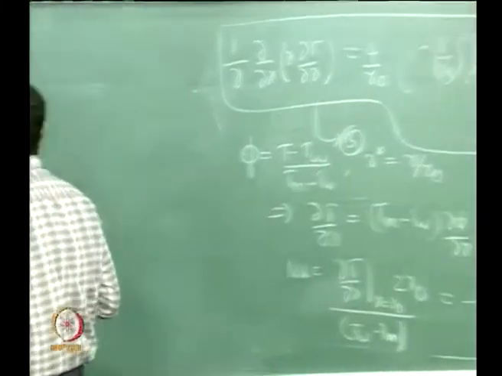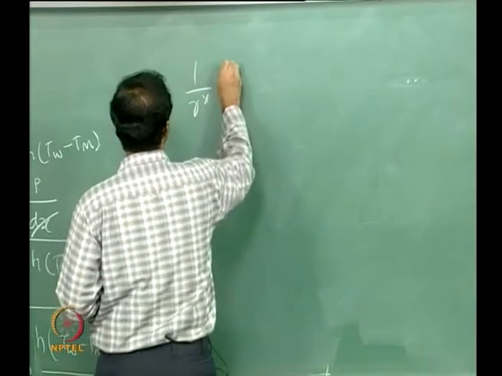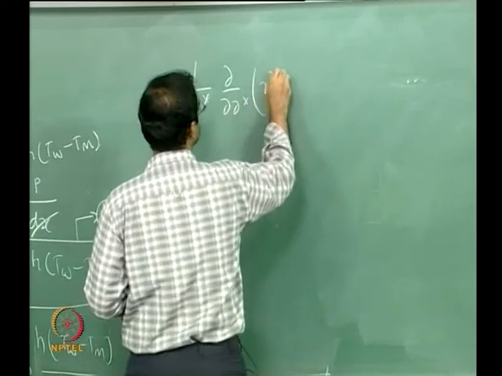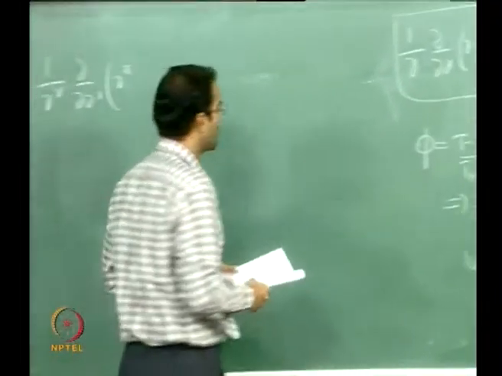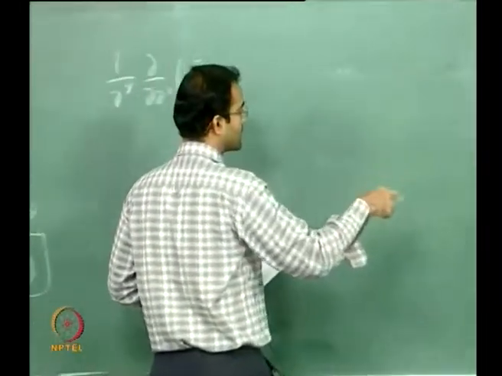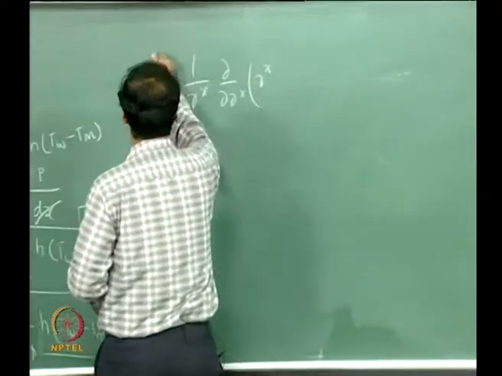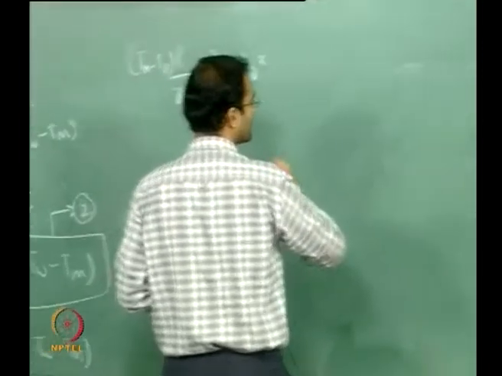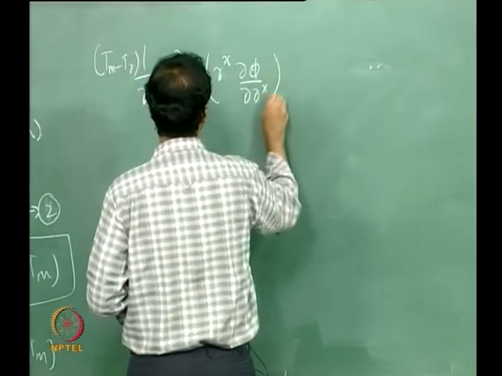So what do I get? I can write this as 1 by r star d by dr star of r star. Now for dT by dr I can substitute Tm minus Twall. Tm minus Twall is a function of only x, so that can be taken outside the derivative, right. So I have Tm minus Twall into d phi by dr star.